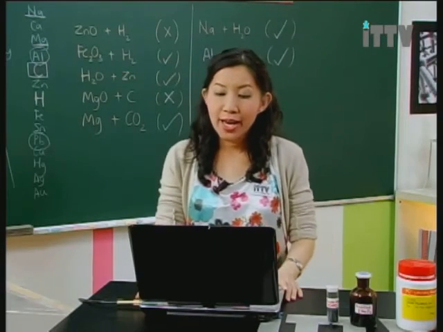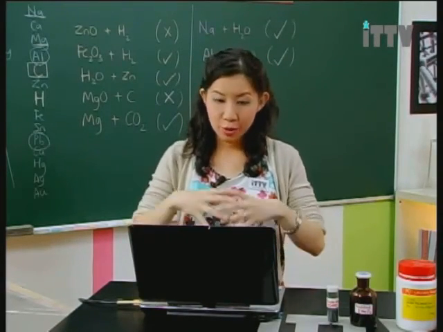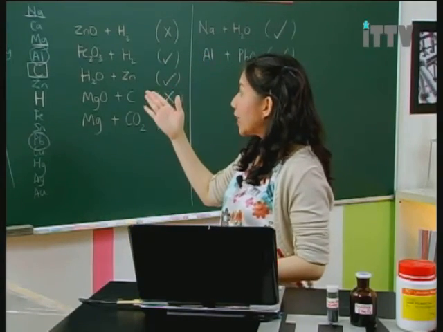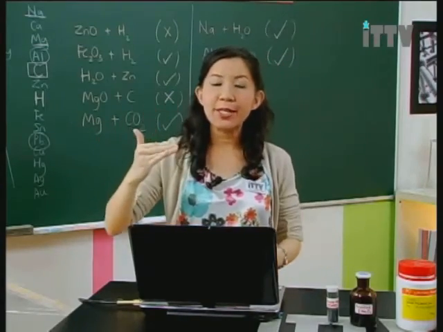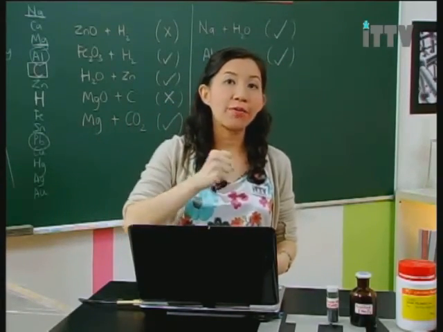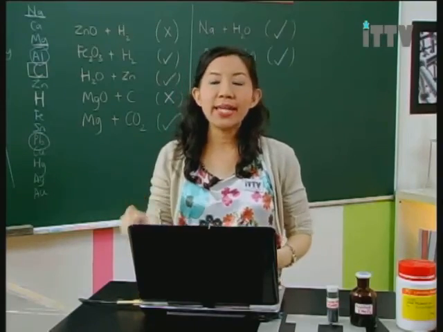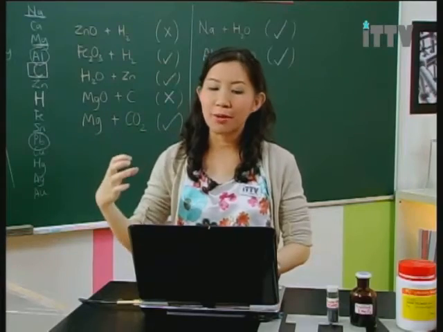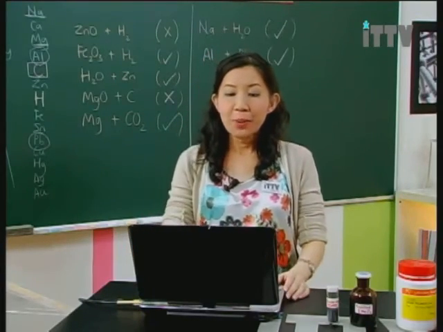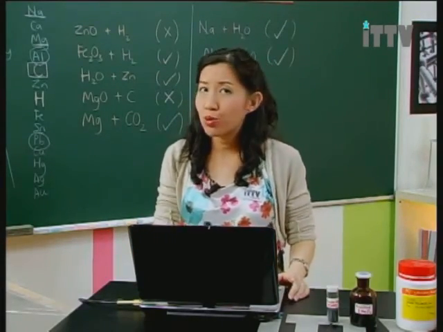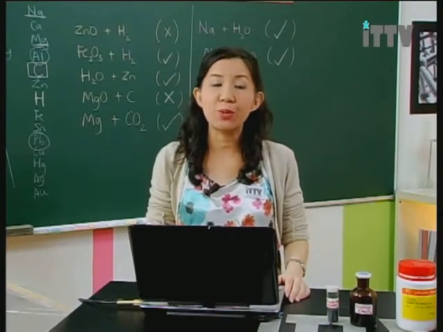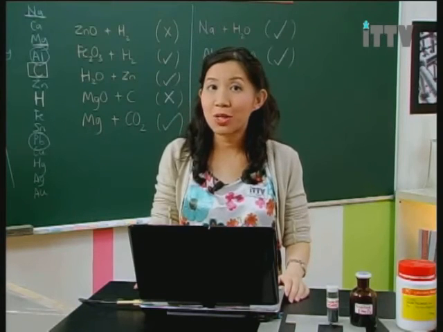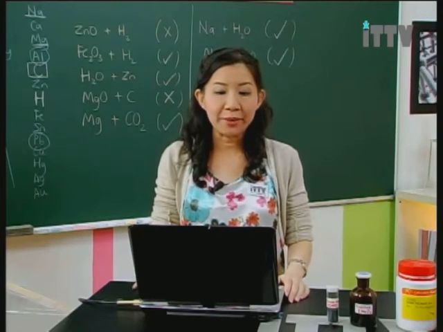So iron trioxide is the hematite ore, and because carbon is more reactive than iron, carbon is able to reduce the oxide of iron into iron metal, and in the process, carbon becomes oxidized into carbon dioxide gas. So the blast furnace process, as you can see, produces vast amounts of carbon dioxide, which is very bad for our environment because it contributes to enhanced greenhouse effect and global warming.